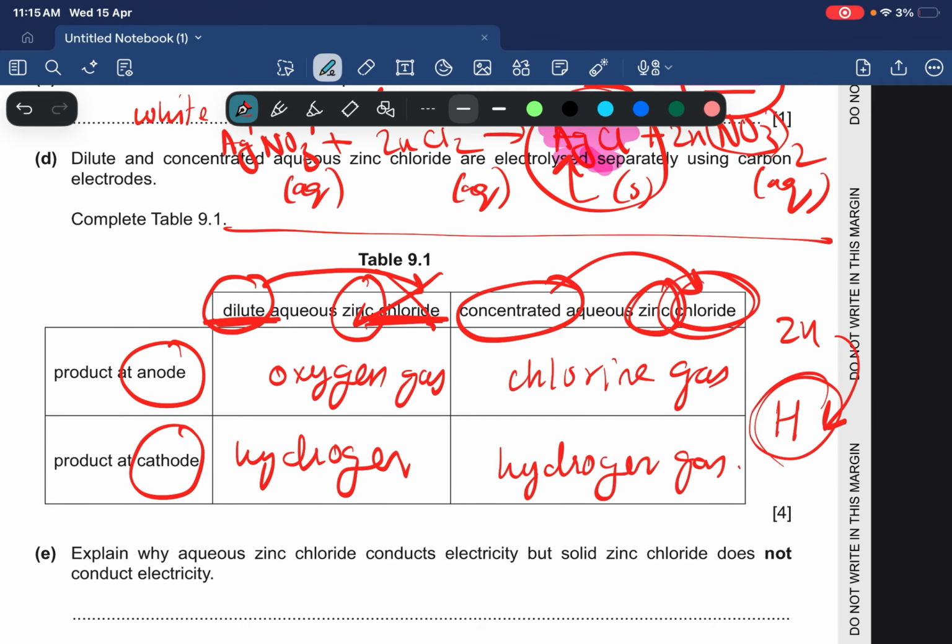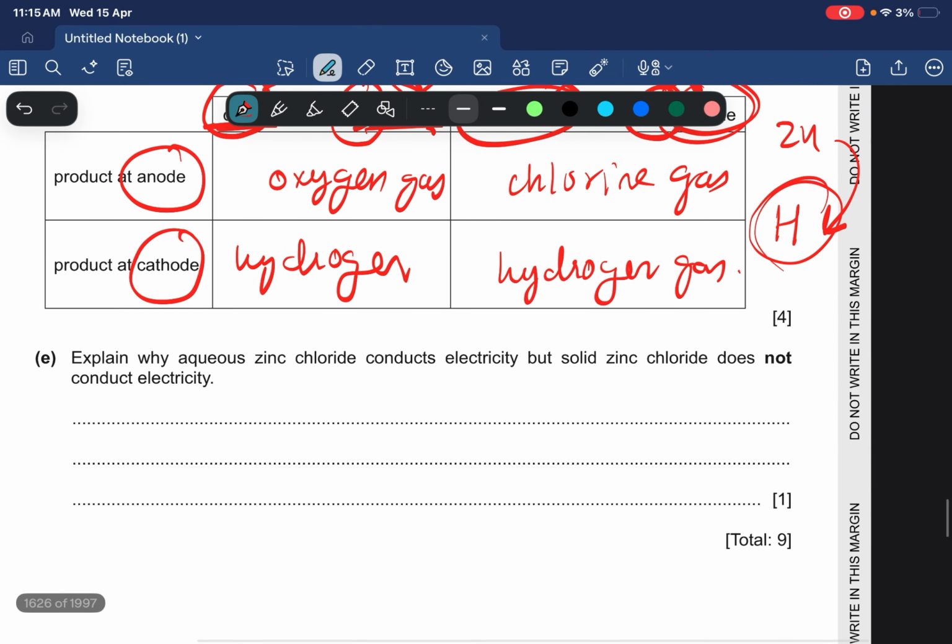Okay. Explain why aqueous zinc chloride conducts electricity but solid zinc chloride does not conduct electricity, because zinc chloride is an ionic compound. Aqueous means it has positive and negative ions that are free to move. Solid means ions cannot move.